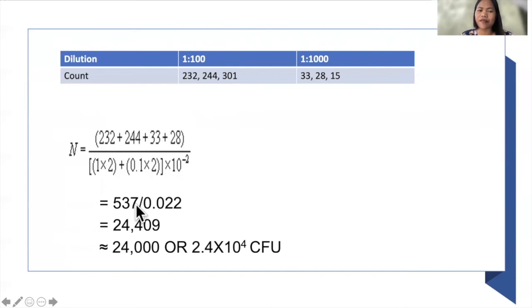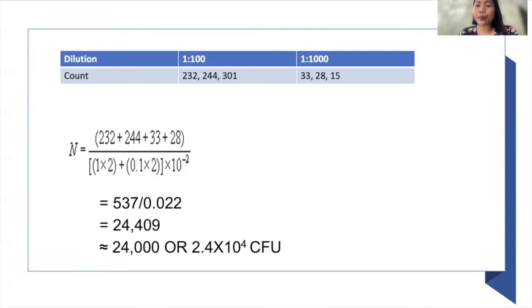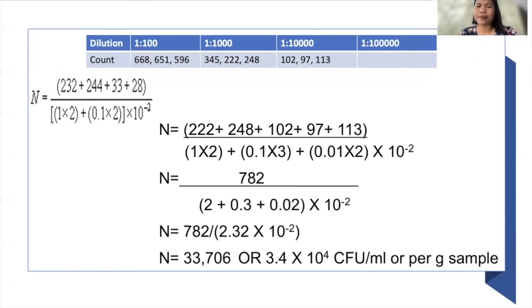So that's 537 divided by, ito is, I add mo, 2.1 times 10 raised to the negative 2. So it's 0.022. Okay, so this is the answer, or 2.4 times 10 raised to the 4th. Ayan. CFU per gram or per ml of sample.